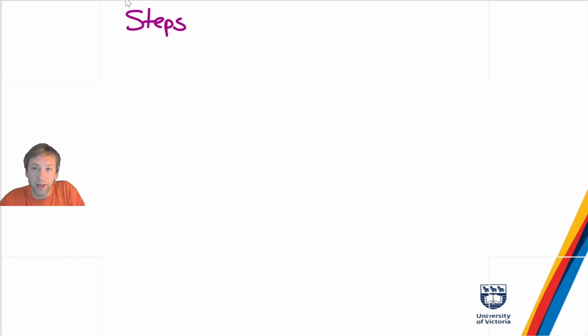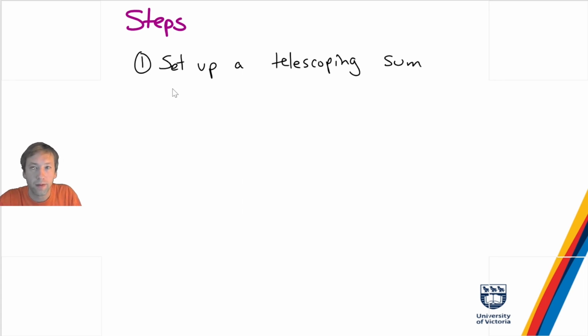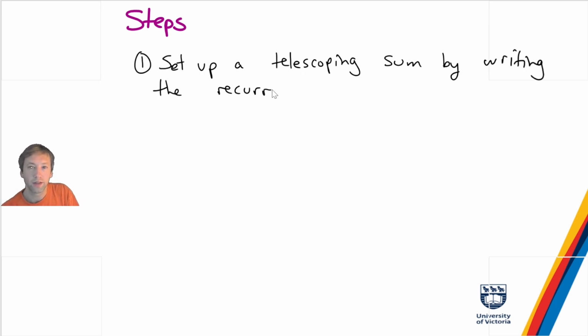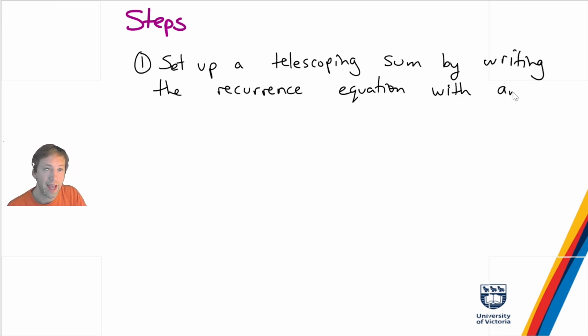Okay, so just to clarify the steps of this procedure. We first set up a telescoping sum by writing the recurrence equation, let's say our sequence is a_n, with a_n and a_(n minus 1) on the same side.